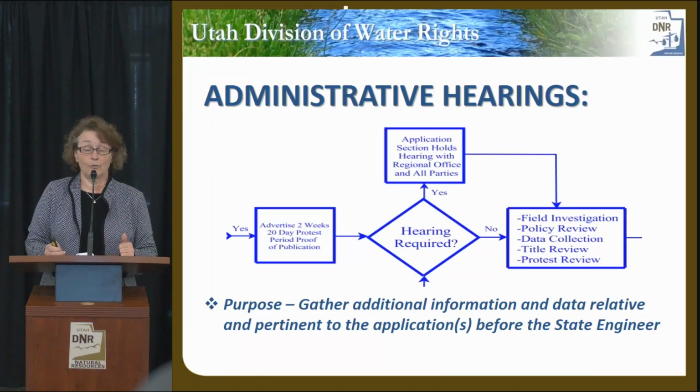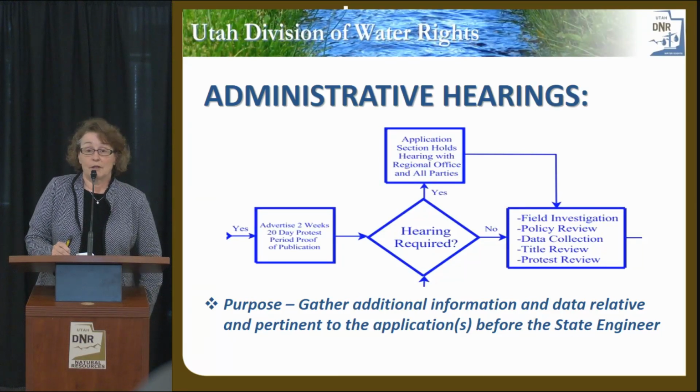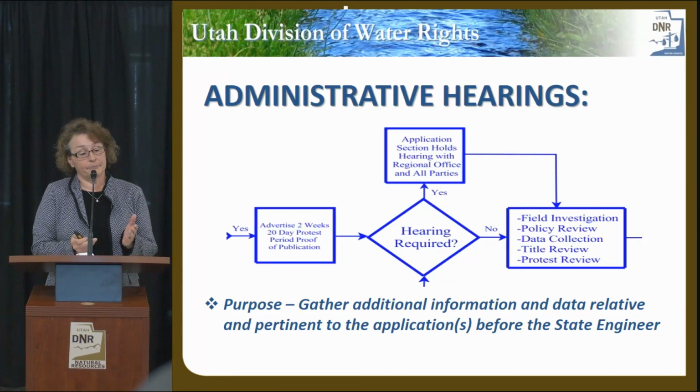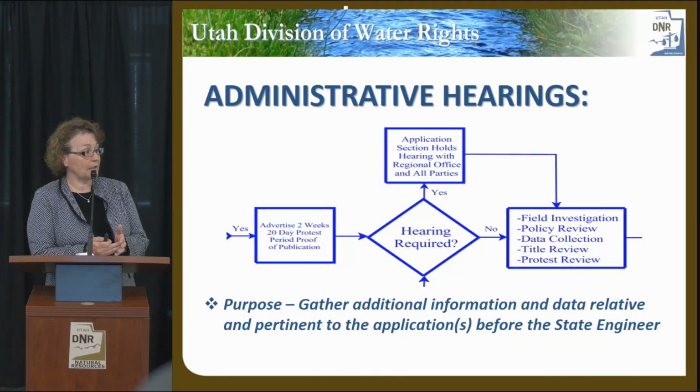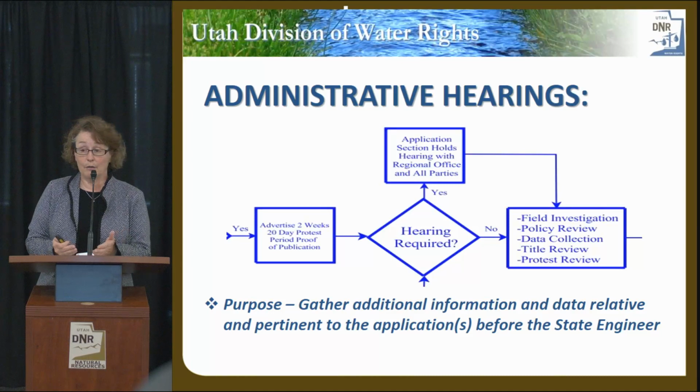And through this process, there's a little bit of that flow chart that the video covered, when we hold administrative hearings. So the purpose of those hearings is to help us understand the application better, what's being proposed.